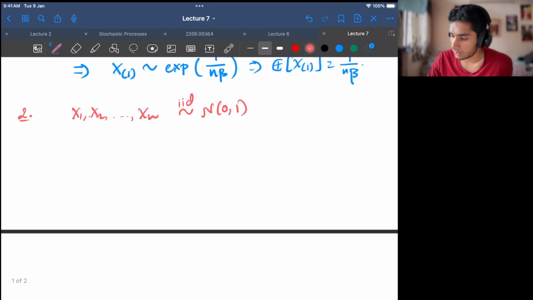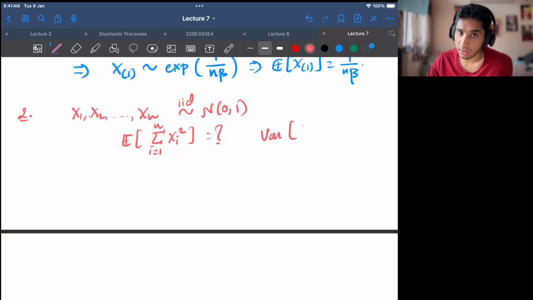The question asked is: what is the expected value of summation i going from 1 to n of xi square? And similarly, what is the variance of the same thing? These two things are asked.